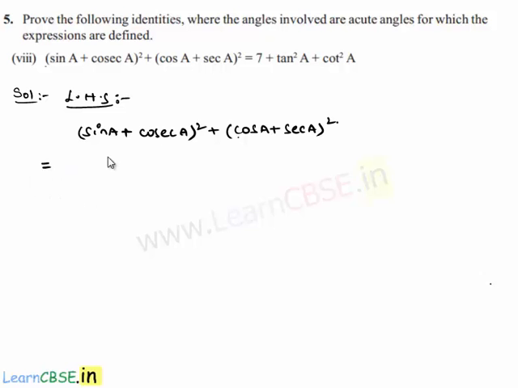which is equal to, this is in the form of (a plus b) whole square and this is also in the form of (a plus b) whole square. Let us apply the formula that (a plus b) whole square is equal to a square plus b square plus 2ab.